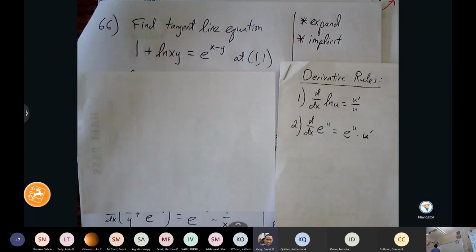Okay, so let's start here, expand, and then move into your derivative step, and see if you're able to make progress.